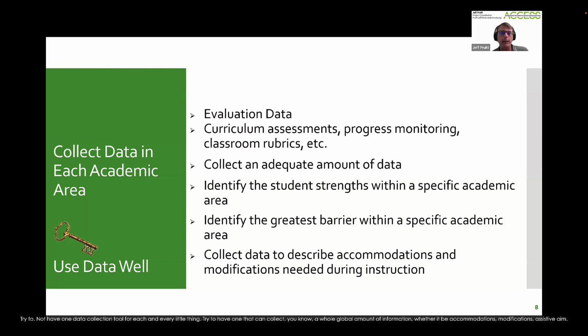Try to have one that can collect a global amount of information, whether it be accommodations, modifications, assistive technology, AIM, any of that stuff you're working with. It's better to have one tool that collects them all than a separate tool for each, like, oh, he's doing assistive technology, let me use my AT data collection tool. So less work, more direct.